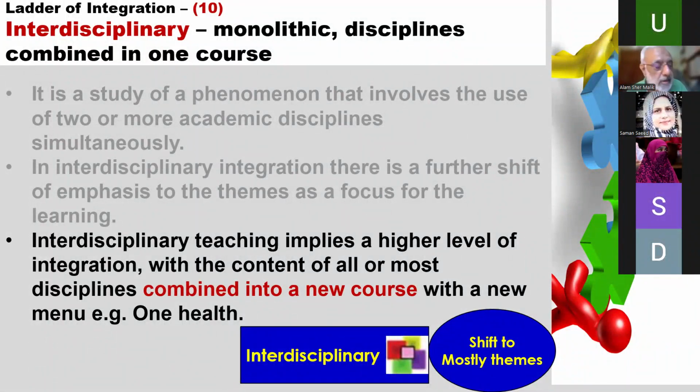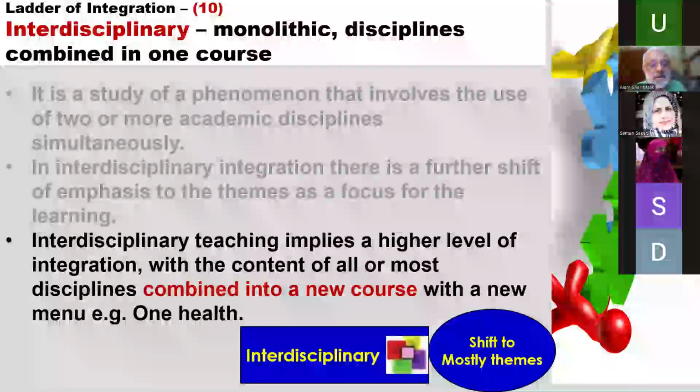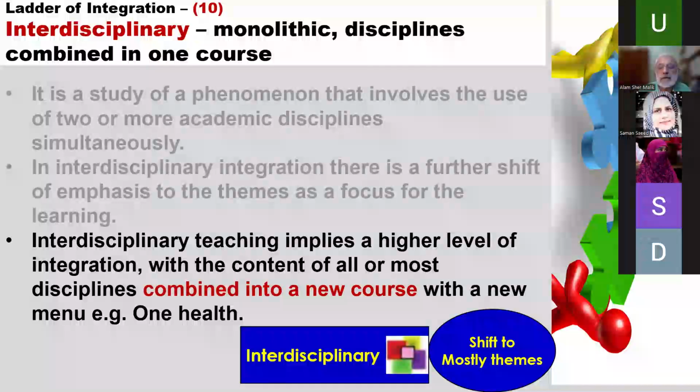For example, we were talking about One Health, where human health, plant health, animal health, and environmental health, all those areas with common goals, are combined together, and a new course is developed. And people would be trained in this One Health to handle any kind of epidemics in the future.